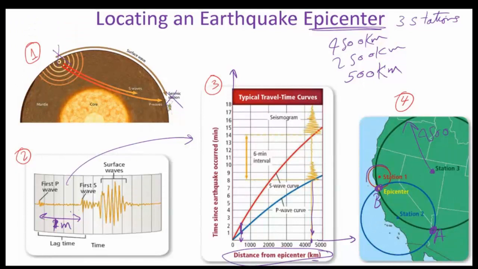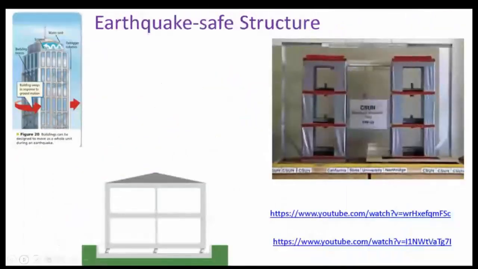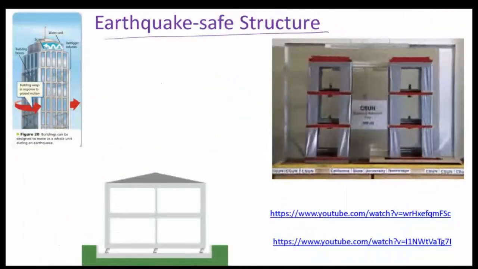So they will draw a circle with a radius of 500 kilometers. The intersection of the 3 circles gives you the epicenter of the earthquake. So at least, to determine the epicenter of the earthquake, we need 3 stations.